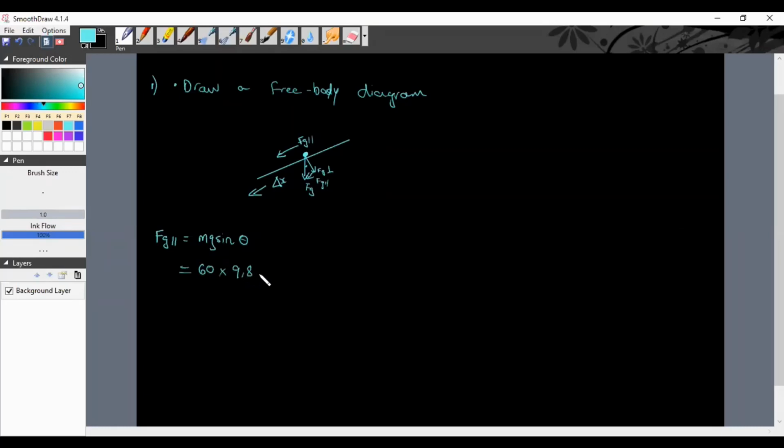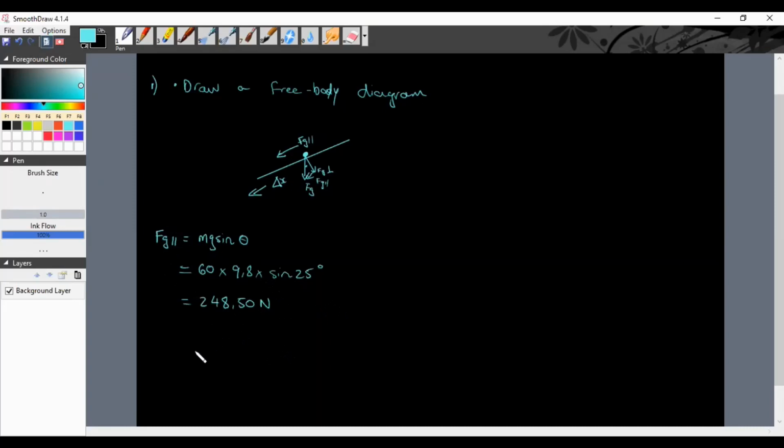Gravity stays 9,8, times sine theta, in this case sine 25 degrees. 60 times 9.8 times sine 25 gives me an answer of 248,499. I'm going to round that up to 248,50 newtons, because it's force, newtons.